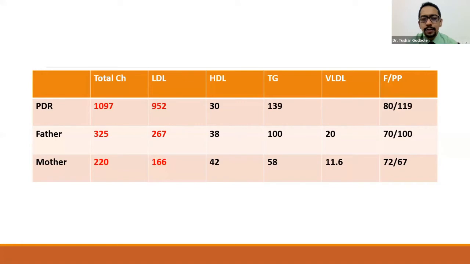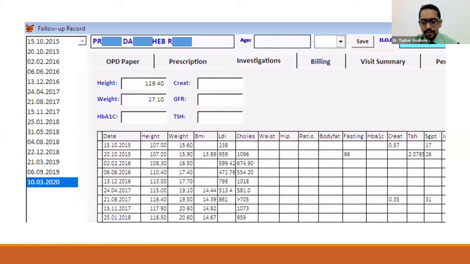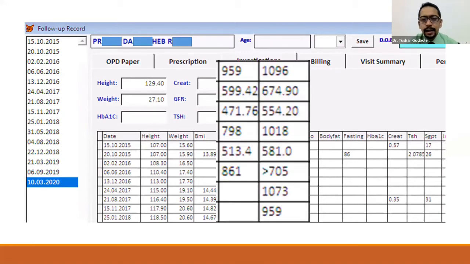So here we concluded that both the father and mother have hypercholesterolemia, and the child was born of a consanguineous union, so probably the child also has the severe defect. So we went ahead and treated this child with statins after initial lifestyle management, which clearly failed.